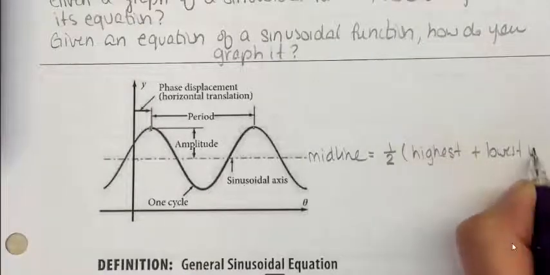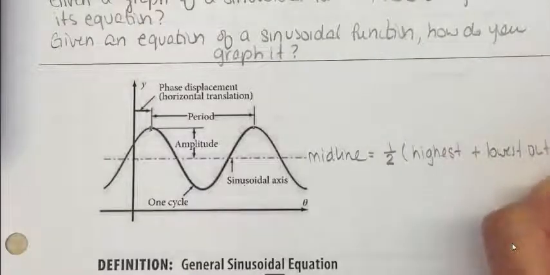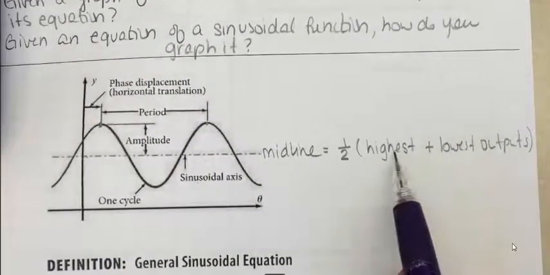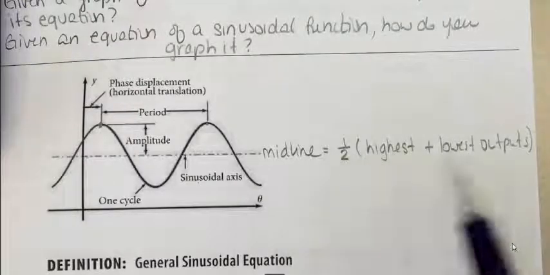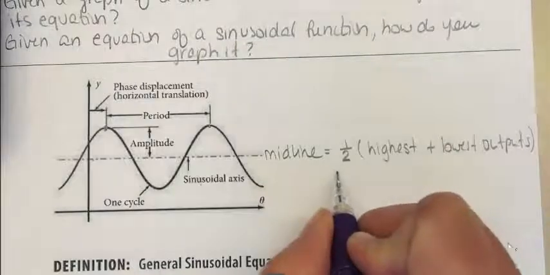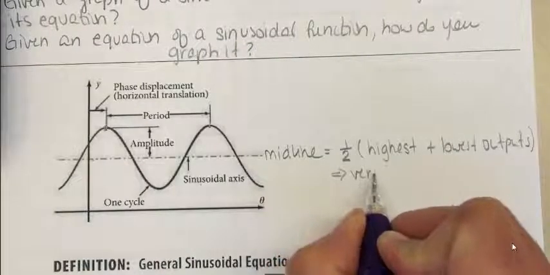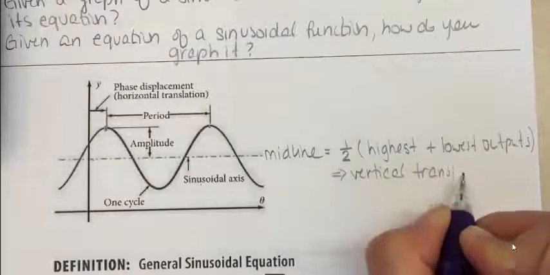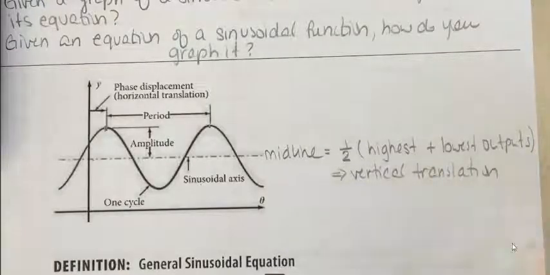And those are outputs that I'm talking about, so y values. It's the highest and the lowest output divided by 2. Think of it like a midpoint, okay? This ends up giving you the vertical translation, which will tell you where this midline is going to be.